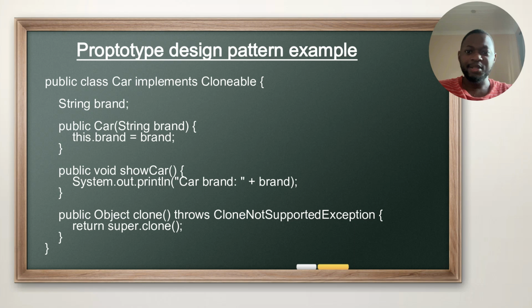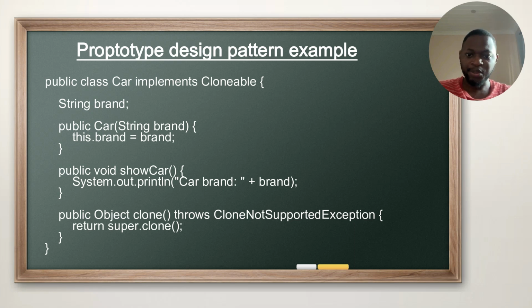On the slide we have a prototype design pattern example, which is our Car class. It implements the Cloneable interface, indicating that we want the Car class to be cloneable. Below we have our brand attribute, and below that we have our Car constructor that takes in the brand string and sets our brand attribute.